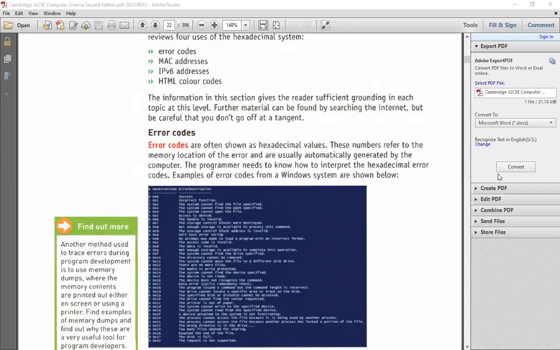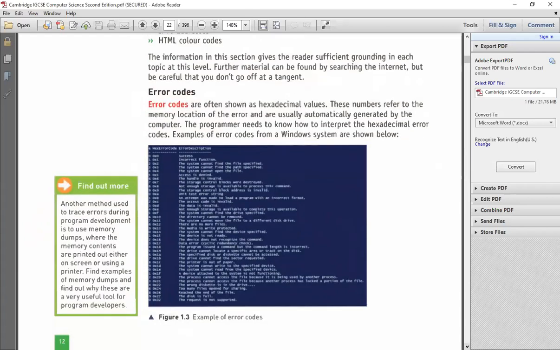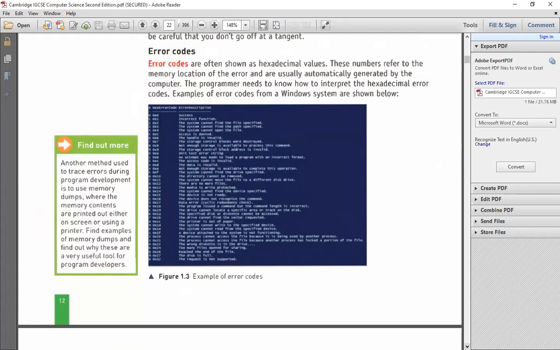Error codes are often shown as hex values. These numbers refer to the memory locations of the error, usually automatically generated by the computer system. The programmer needs to know how to interpret the hexadecimal errors. Examples of error codes from a Windows system are shown below. Again, it's not a syntax error, it's simply an error generated by the operating system, and it is shown to you in this manner.